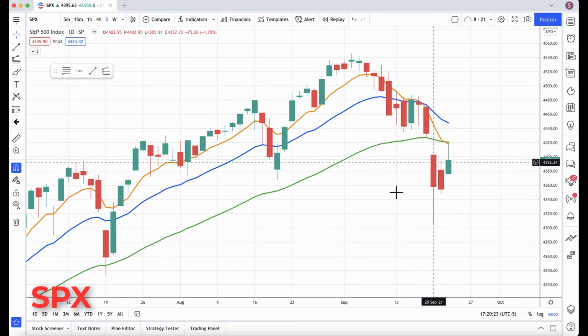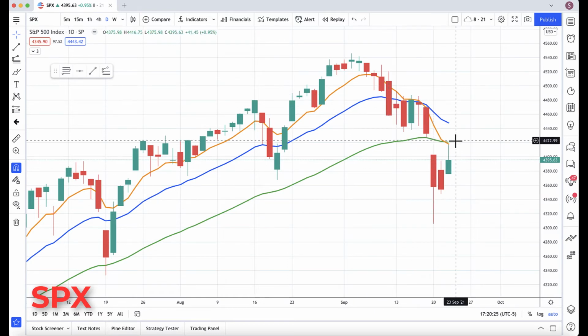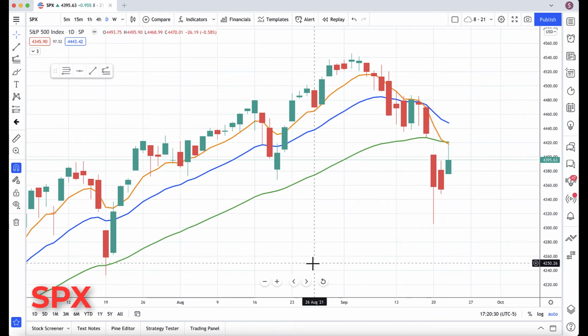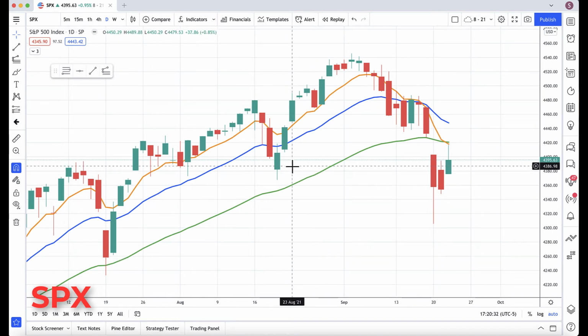So there's my 50, which again, we use the exponential. It's used for other support and resistance levels in conjunction with harmonic projections like retracements and the extensions.